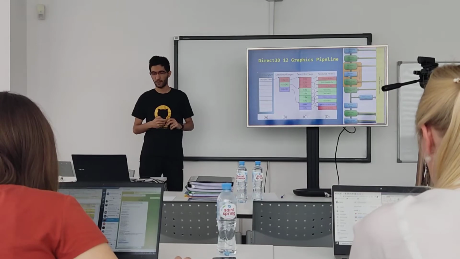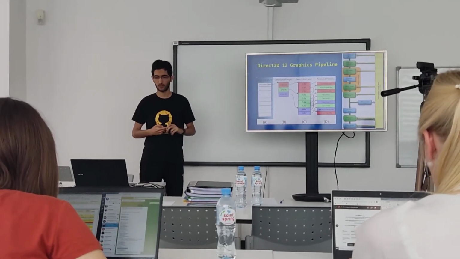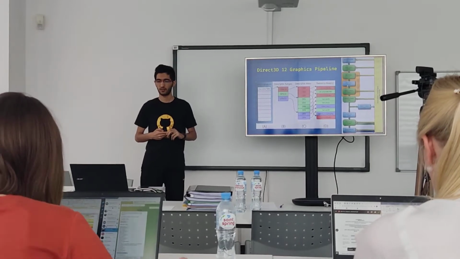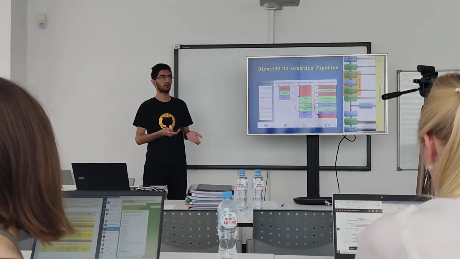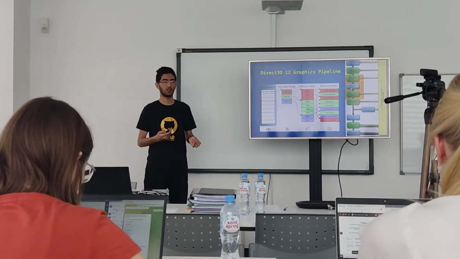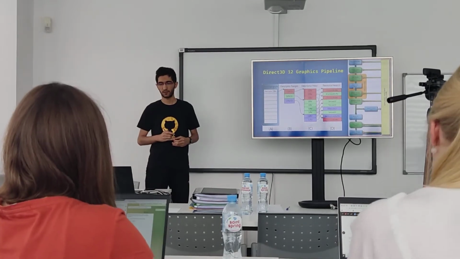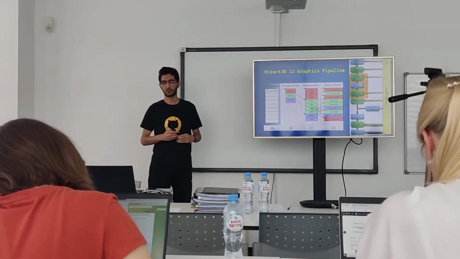On the left, in Direct 3D, we have the root signature. In Vulkan there's a similar concept. The root signature tells the shader how to use the data we upload to the GPU, because the GPU does not know how to use the data. Inside the root signature we have descriptors, descriptor tables, and ranges.